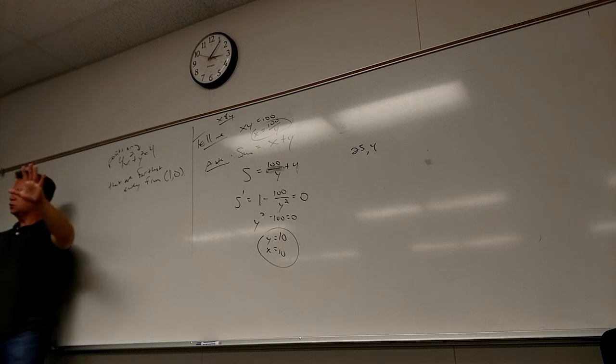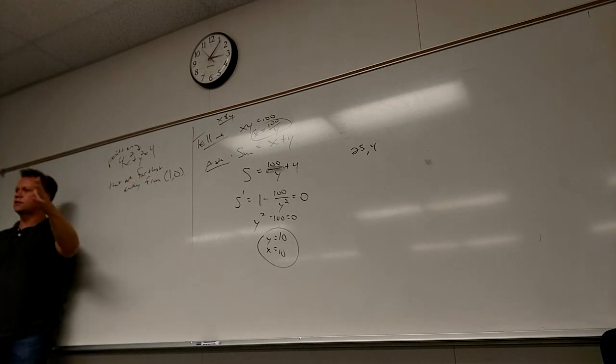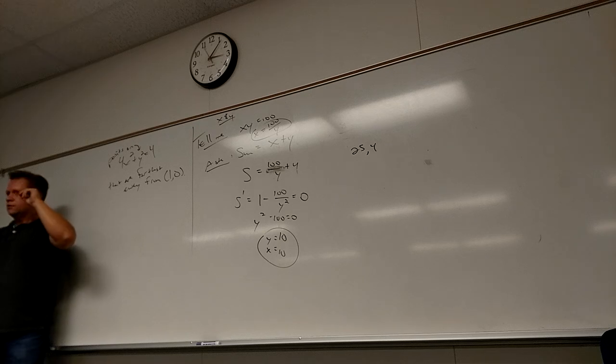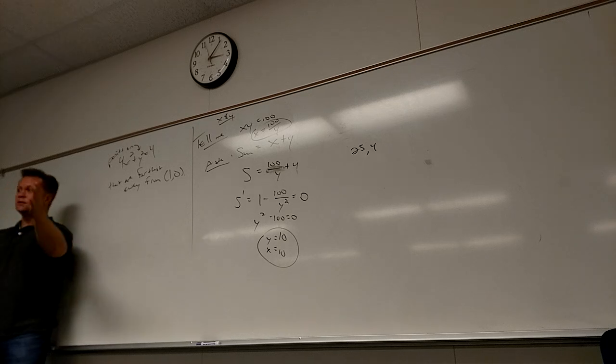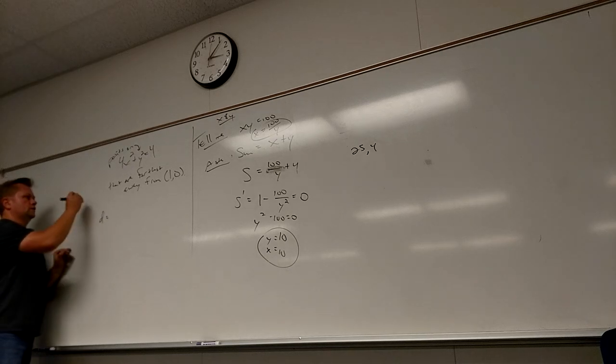So what's the function that I'm trying to, in this case, maximize to make it the farthest? What's the function I'm dealing with? Distance. I love it. And what is the distance function for 2 points? Let's call them (x1, y1) and (x2, y2).